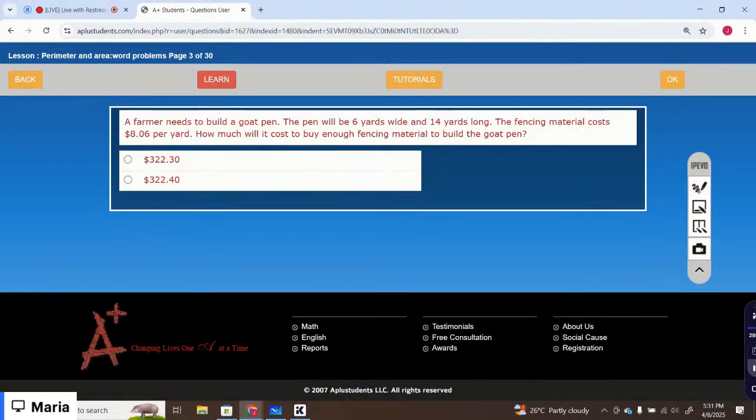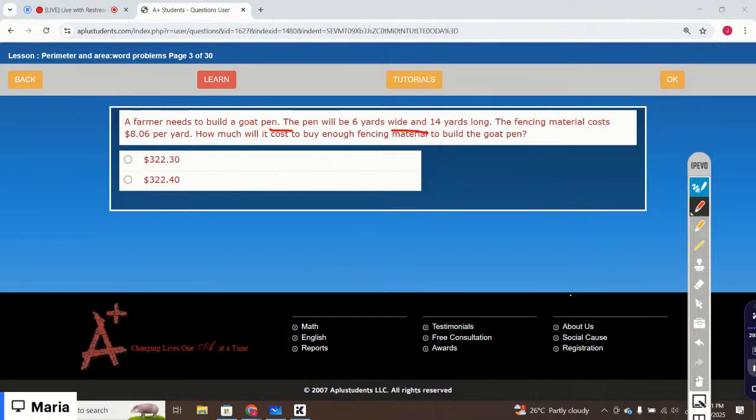Okay, so you need to calculate the perimeter, right? Because you need to calculate the price of the fencing. The perimeter is 6 plus 6 plus 14 plus 14, that is 40. Now you need to calculate the cost of the fencing. The fencing material is 8.06 per yard. So you have to do 8.06 times 40. So 8.06 times 40 is 322.40. So option number two is the correct option.